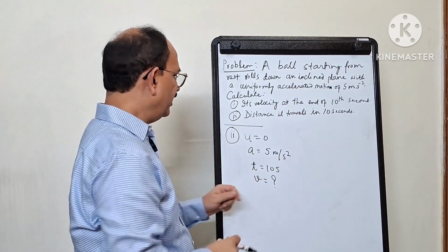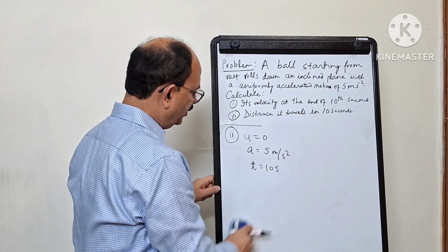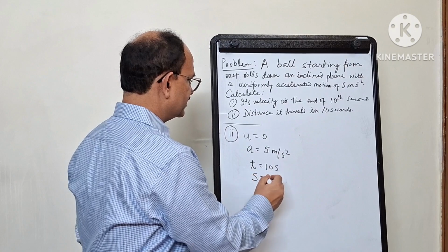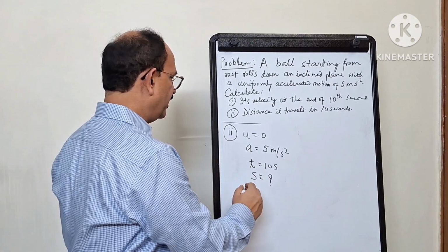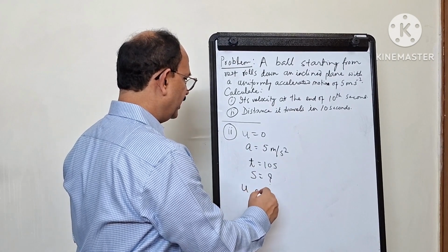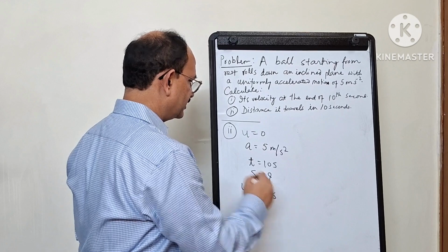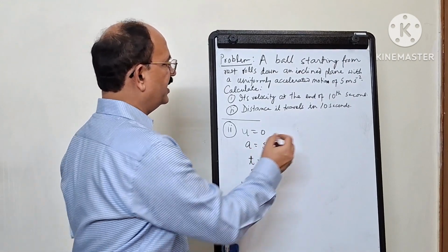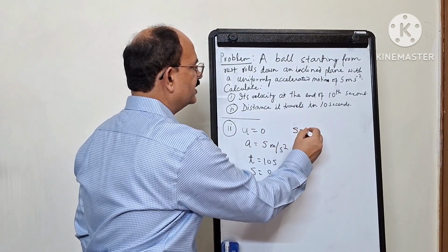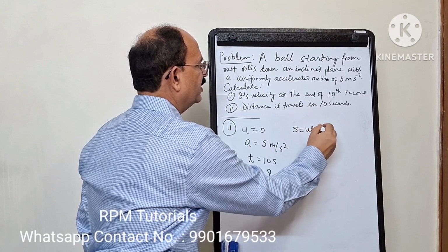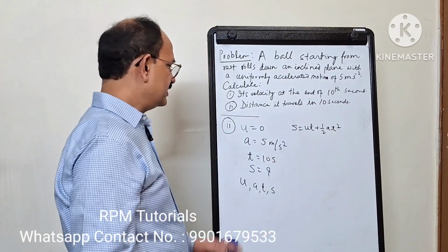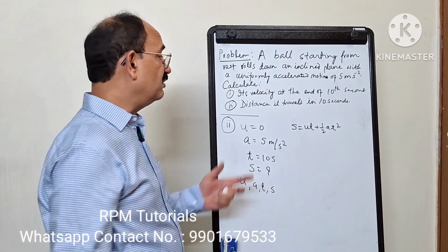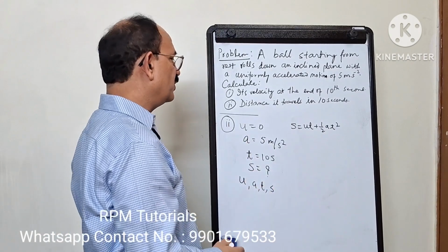So t is equal to 10, and now the unknown which I have to find out is the distance traveled. So from the set of given and to be found out, what all variables are there? u, a, t and s. From this set I can identify the correct equation to be used is s is equal to ut plus half at square.